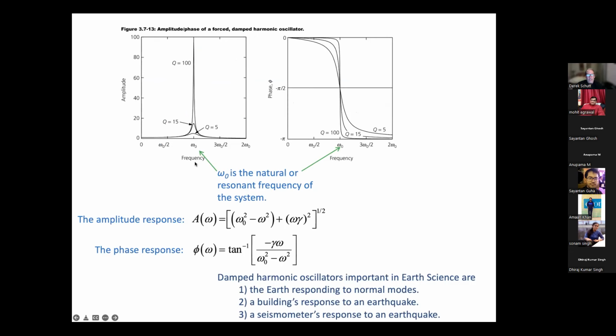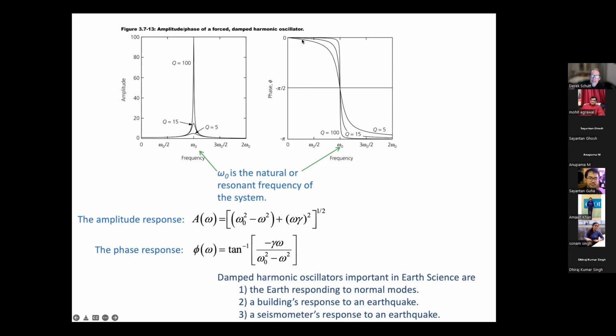So if I drive my system at its natural frequency, I will get a peak in amplitude. And the size of that peak in amplitude will vary with the Q value. I will also get a phase shift.